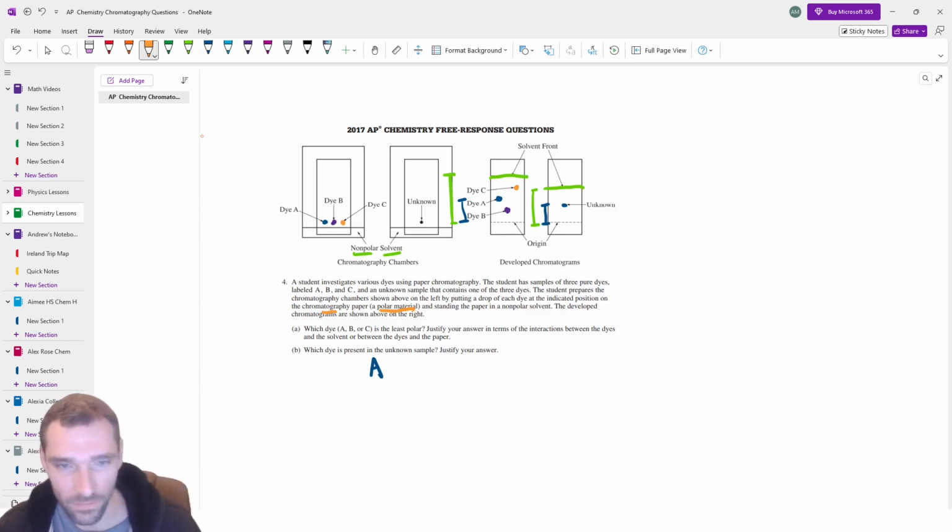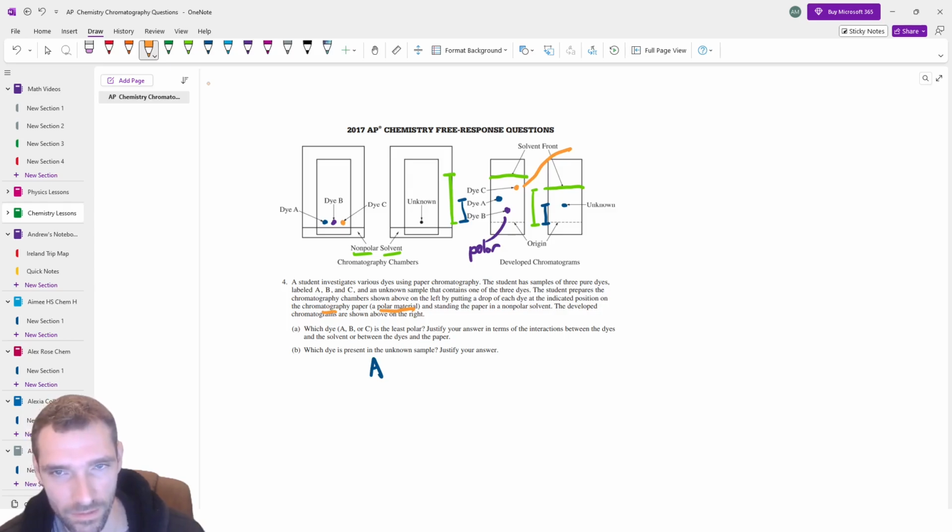In other words, one of these things is getting dragged by the solvent front a fair amount, and the other ones that are more attached are not getting dragged as much. So if we think about this, it looks like dye B is not getting dragged that much, and so that's pretty polar. So when I look at this, I'm seeing that that's polar, and that these are getting dragged quite a bit.